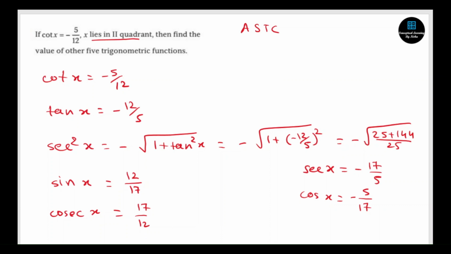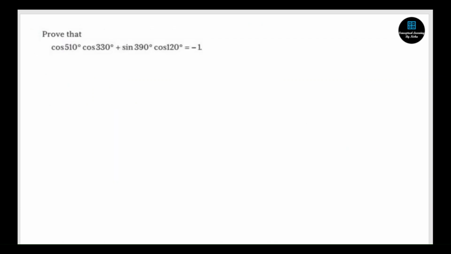Okay, perfect. Now for this type of question, when the angles are in terms of degrees, we have to try to write the angles in terms of multiples of pi. Means what? 0 or 180 or 360, or next is 540, correct? Then if I go further, 720 and so on, correct? So we have to try the nearest angle with this.